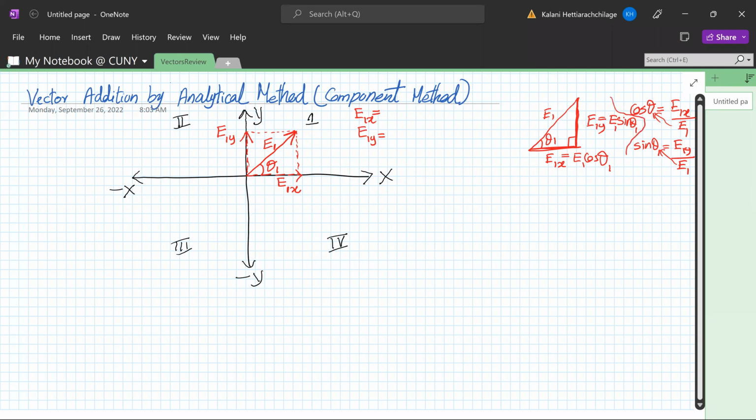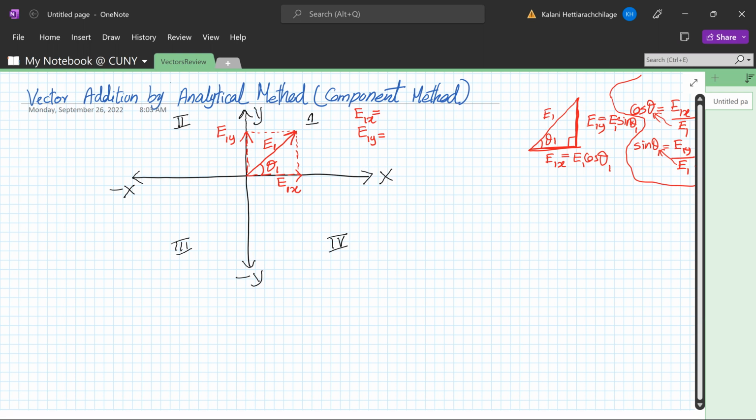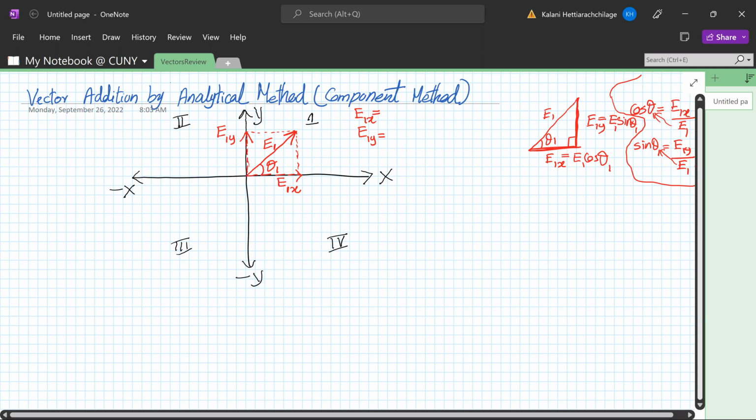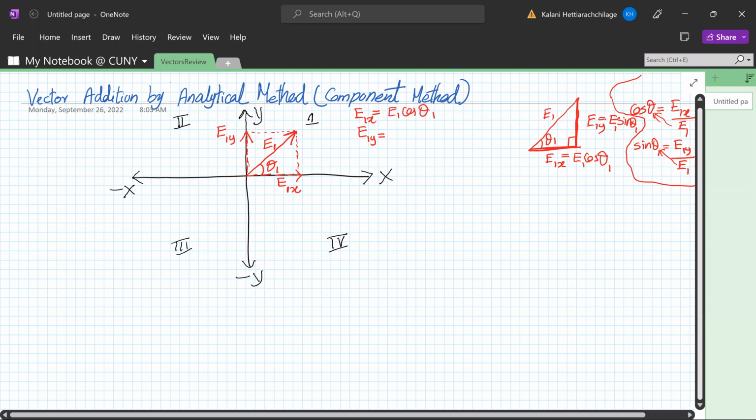This trigonometry is the first step, but you don't actually need that information once you identify the adjacent first. The adjacent will always be the hypotenuse times the cosine of that angle, and the opposite will always be the hypotenuse times the sine of that angle, right? Now you can write it in here. This will be E1 cosine of theta 1.